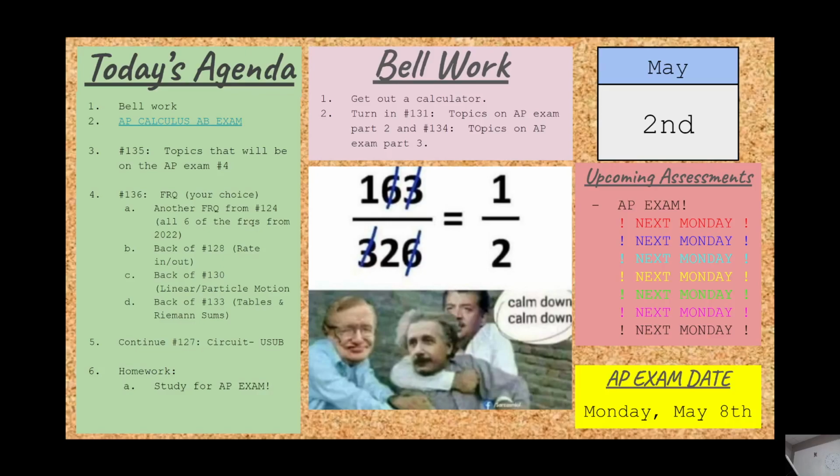So the question is, using the tangent line approximation, you want to refer to the second derivative, because that's going to tell you if it's concave up or concave down.